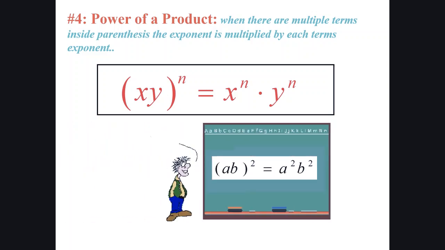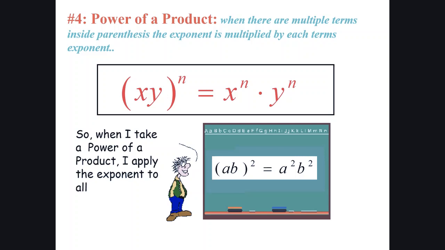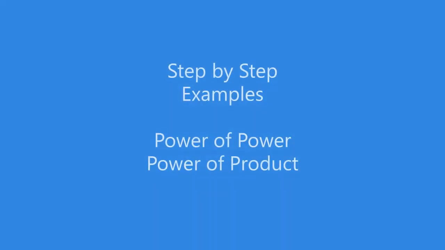And as an expression, again, a times b in the parentheses squared would be equal to a squared times b squared. So when you take a power of a product, you apply the exponent to all the terms of the parentheses.